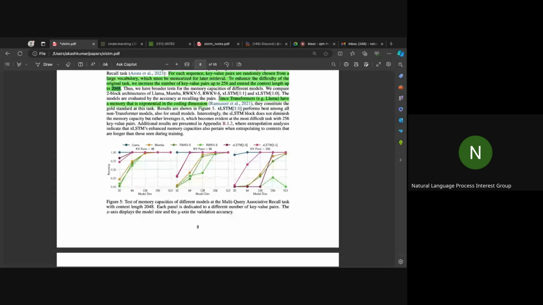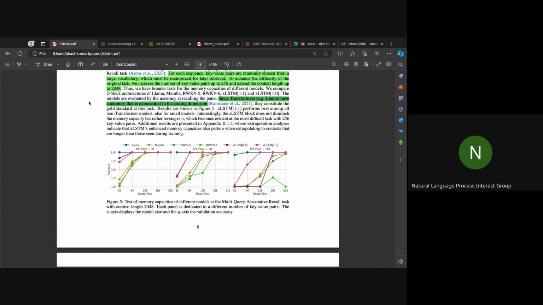Here the authors also mention that since transformers have a memory that is exponential in coding dimension, they are able to see the entire sequence in one go, unlike the xLSTM architectures, which at a single time step can only see one single token, and the rest of the information has to be stored in the memory of the architecture.